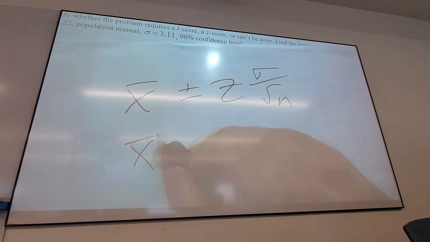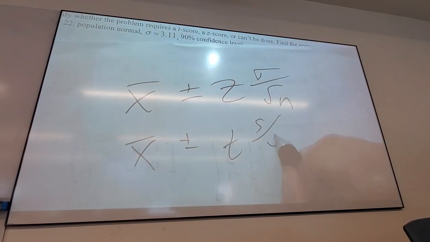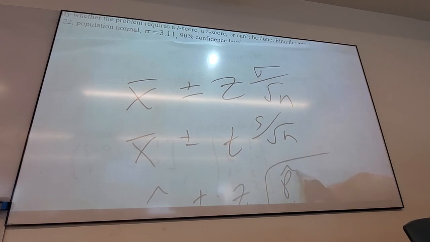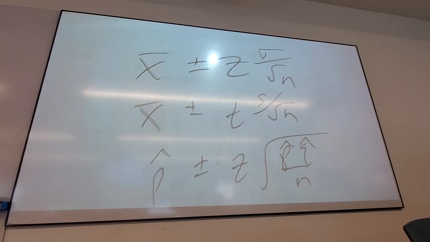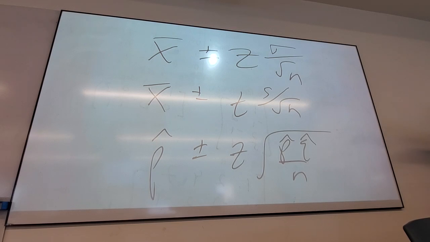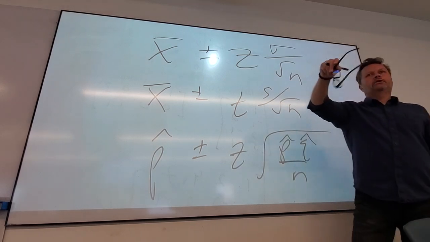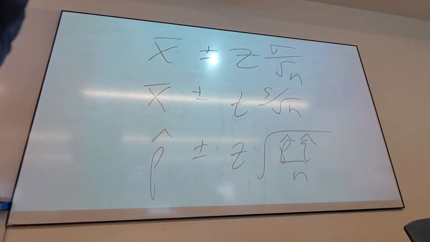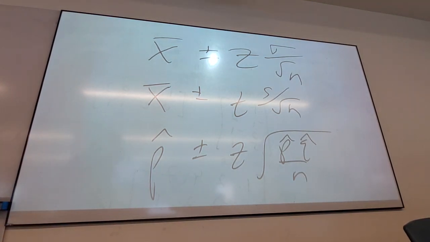The one we just learned today is this one. And the one we learned last time and used earlier today was this big one here. They all have the same kind of structure. So if I asked you on a test, construct the 90 whatever percent confidence interval, you know it's gonna be one of these three.